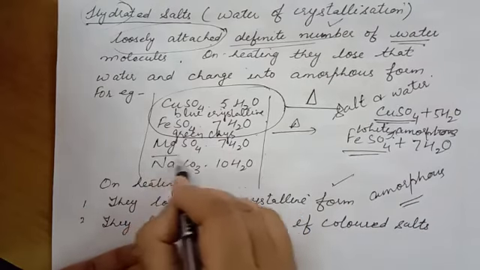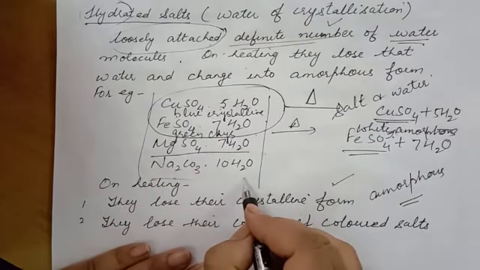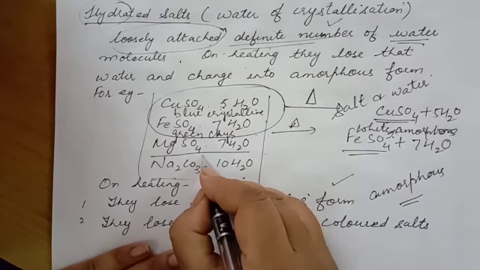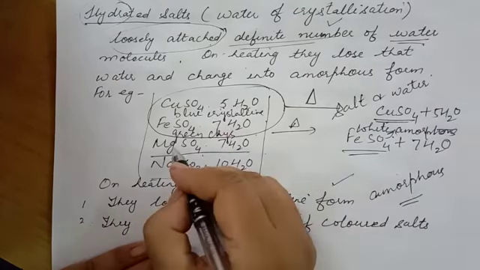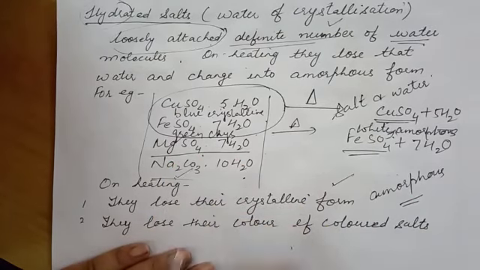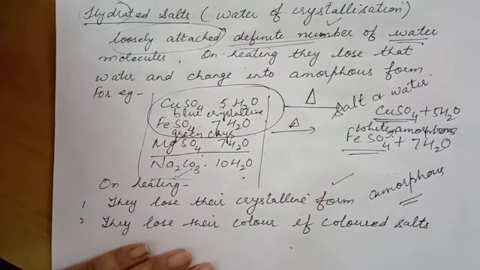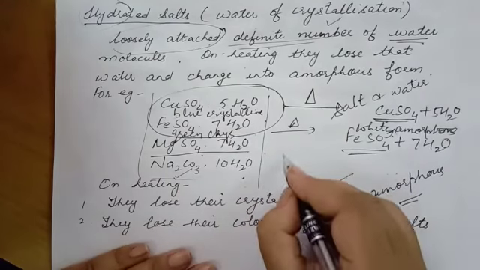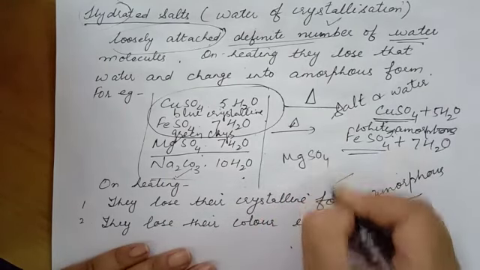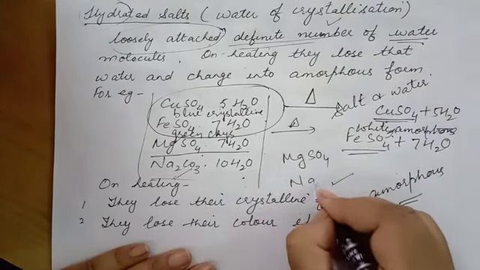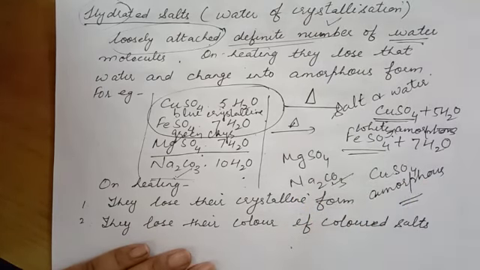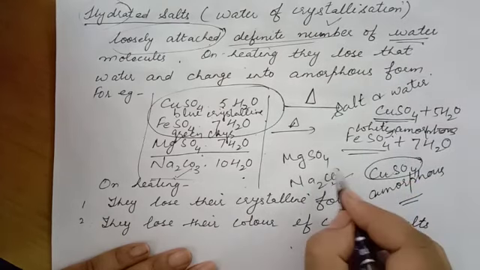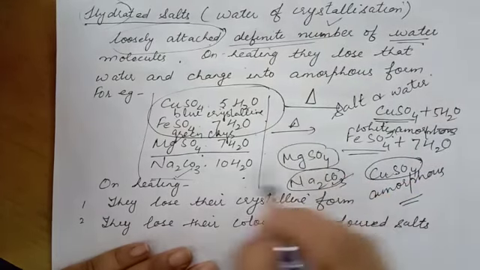So this one is magnesium sulfate and sodium carbonate. This one is white crystals and they are going to change into their amorphous form, that are magnesium sulfate and sodium carbonate. So that means originally either magnesium sulfate or sodium carbonate or copper sulfate, originally they are amorphous, but why they are crystalline?